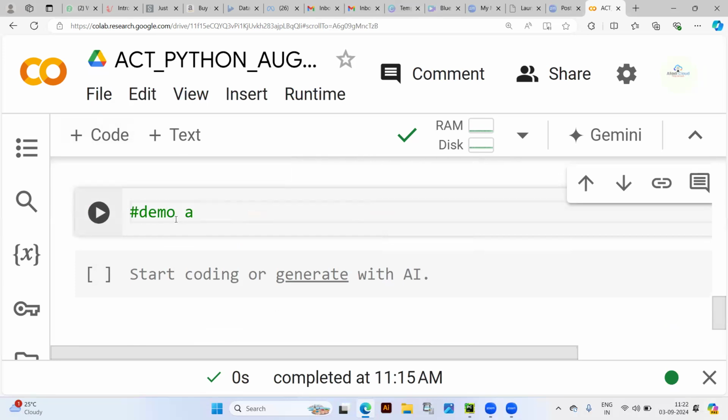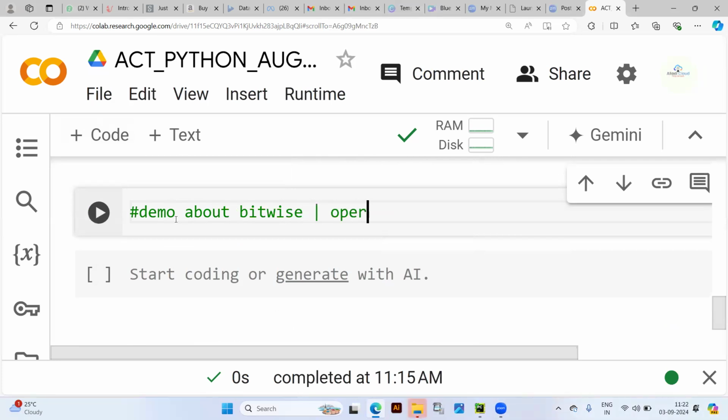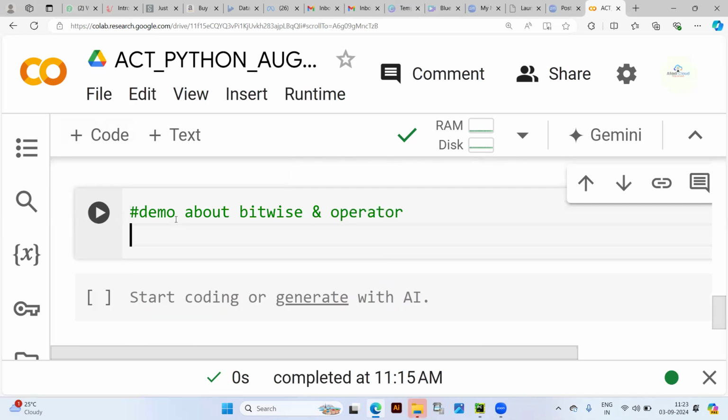Demo about the bitwise operator. Bitwise AND operator firstly. Let us take a customer ID.